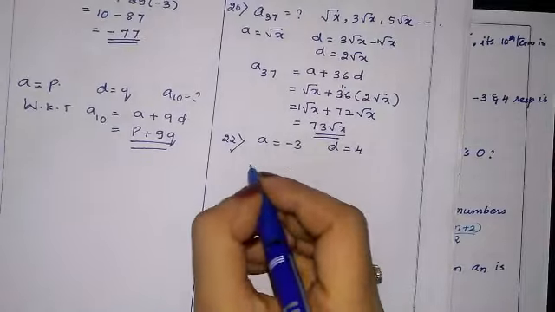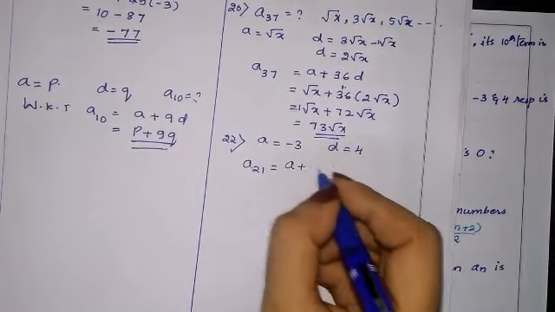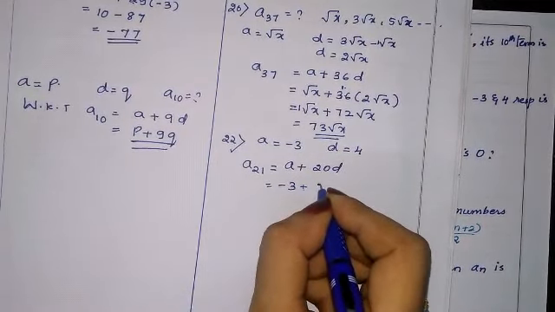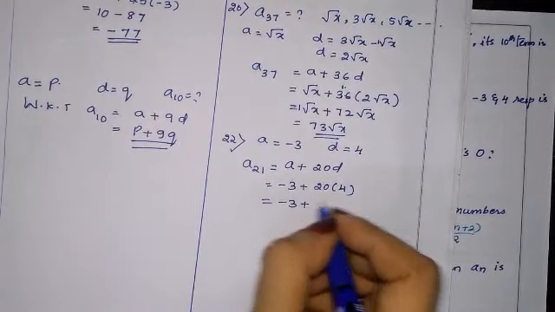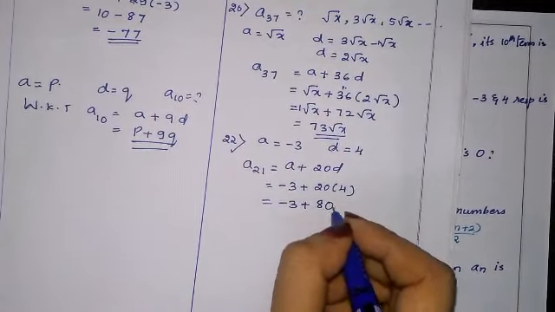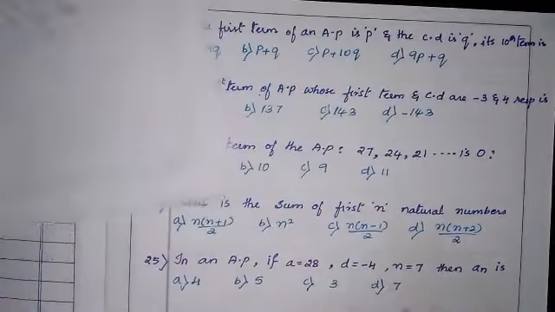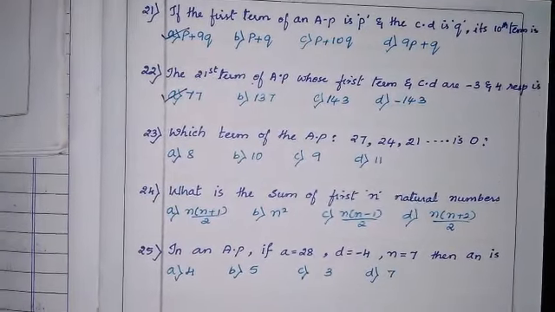So the 21st term, a21, is equal to a plus 20d. a is minus 3 plus 20 into d, which is 4. Minus 3 plus 4 twos are 8, 80. 80 minus 3 is 77. So the correct option is 77. Yes, A, 77 is the correct answer.